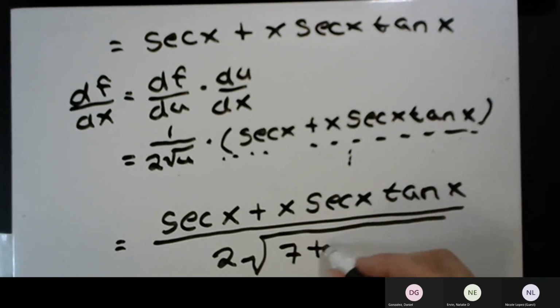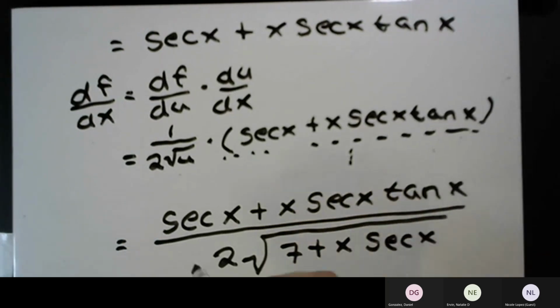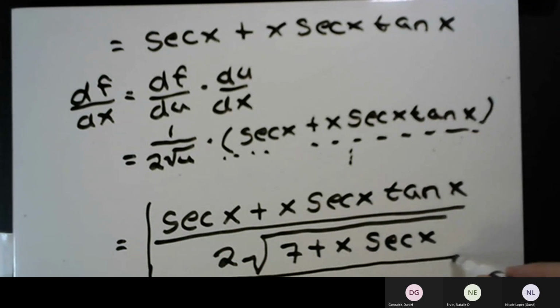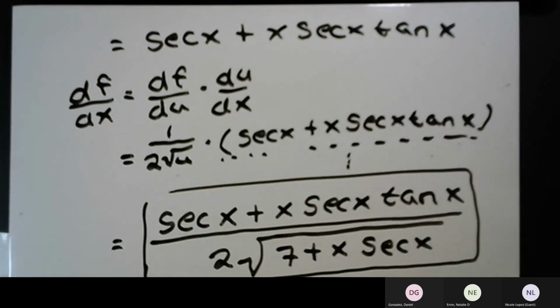That was 7 plus x secant x. And that's going to be our answer. So questions about that? So let me show you another one.